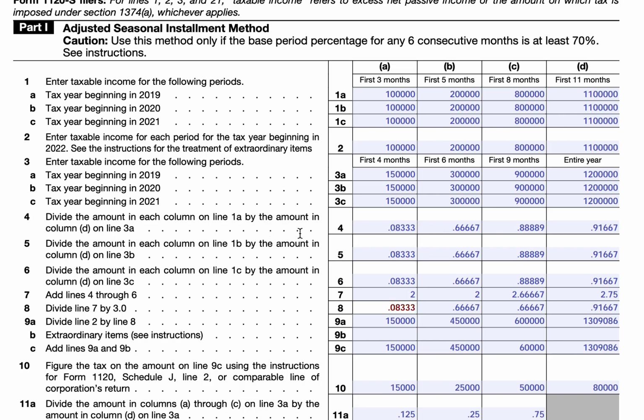Then the amount in line 1A by the amount of 3B. Okay, or sorry, 1B by the amount in 3B, so that's 2.